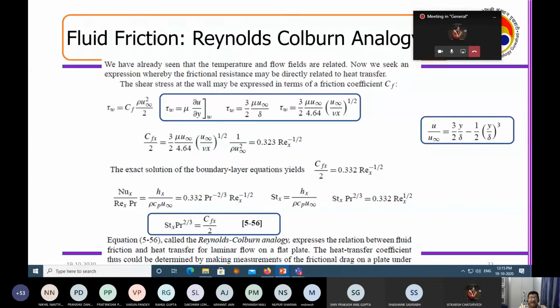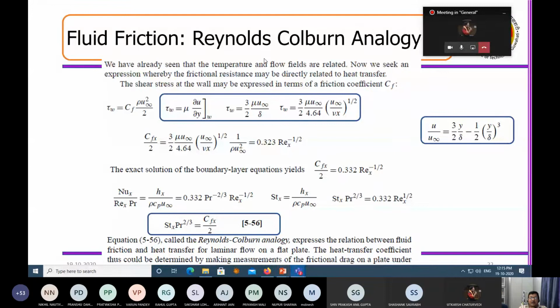And then what we did, this is a very important discovery, the Reynolds-Colburn analogy. Why is it so important? Whenever you are developing a boundary layer, the boundary layer is also associated with the frictional losses, and these frictional losses are also associated with the heat generation. So it's a chicken and egg problem.